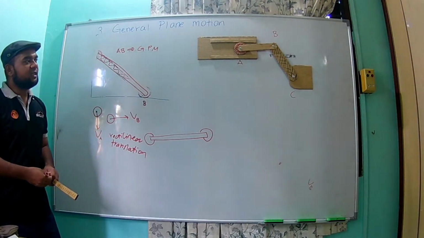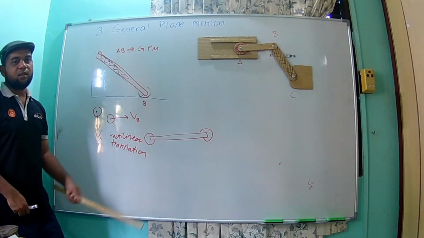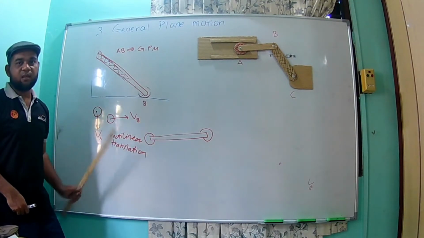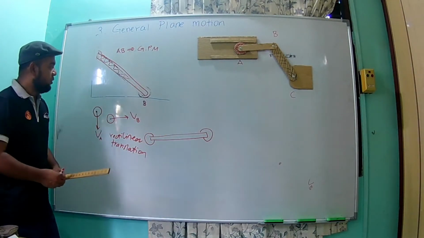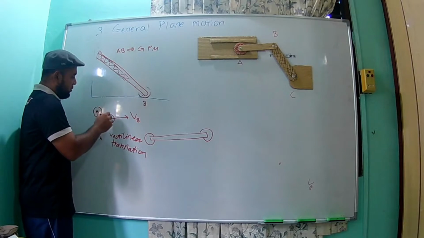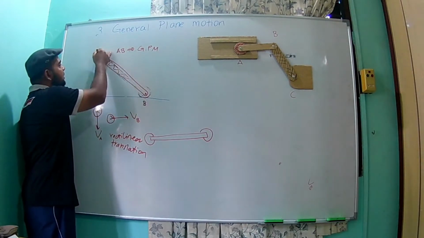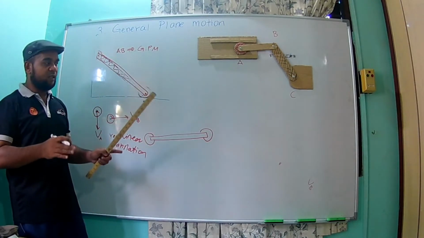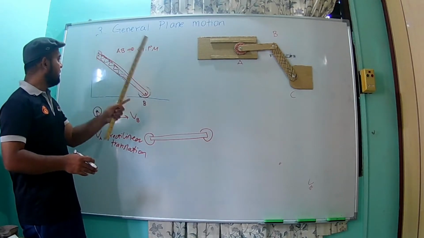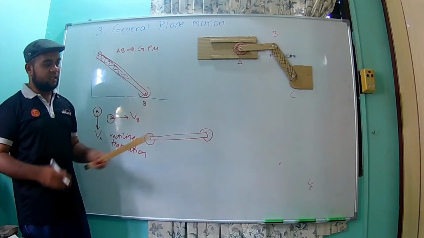Normally, inside a component that has general plane motion, we have several other components with a simple type of movement that we can identify. These simple components connect to the general plane motion body. Observe this movement now.